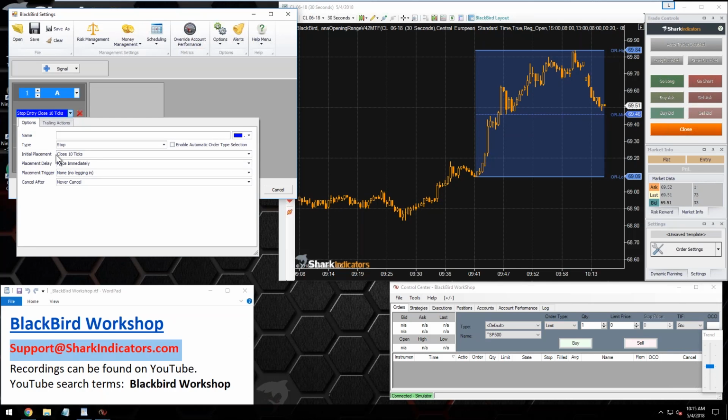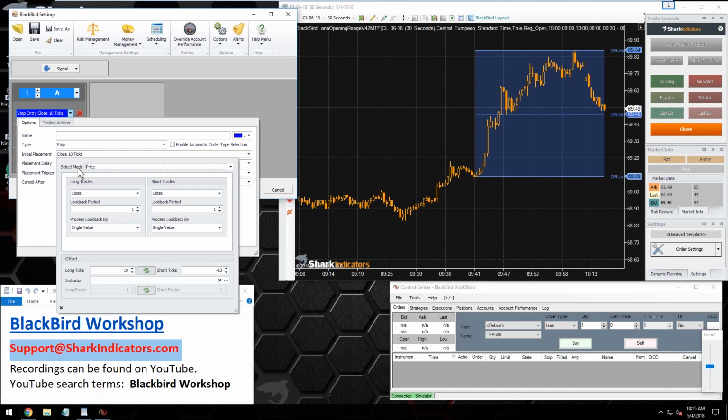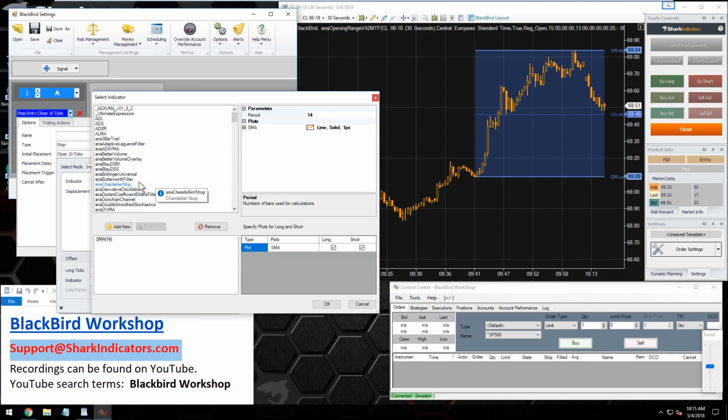The initial placement is where we want to focus our attention. The mode is going to be an indicator value, and then we just plug in our open range indicator. Let's open that up.